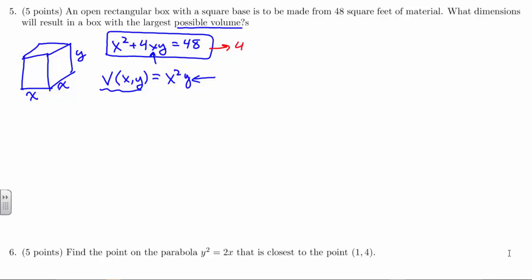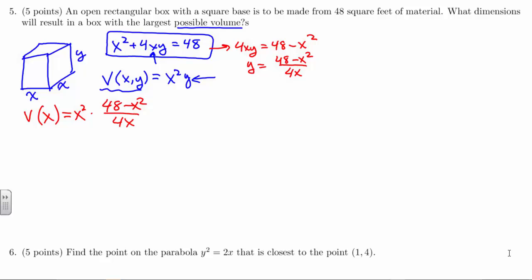So I get 4xy is equal to 48 minus x squared, or y is equal to 48 minus x squared over 4x. Are we all agreed there? So that means when I take this information back, I get volume is a function of x, and it's equal to x squared multiplied by 48 minus x squared over 4x.